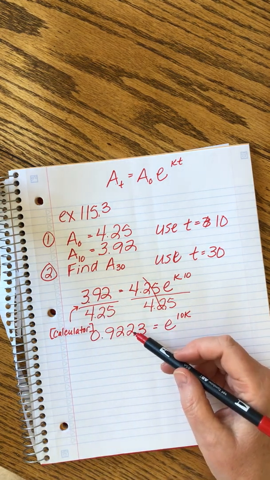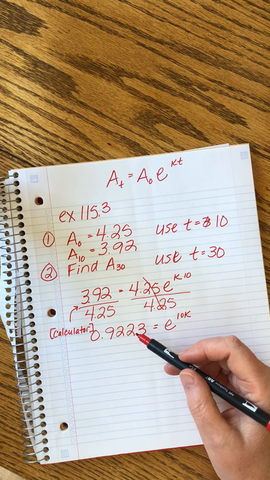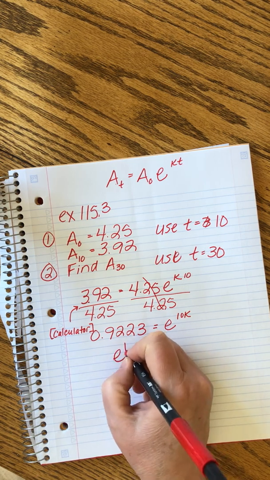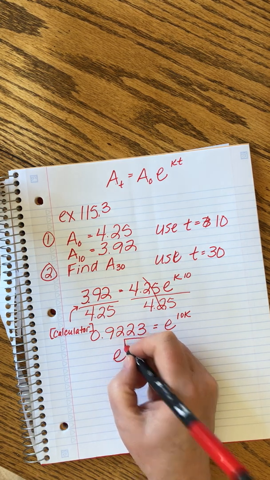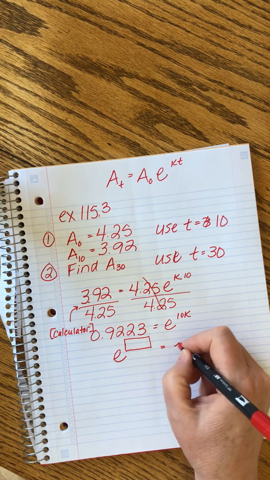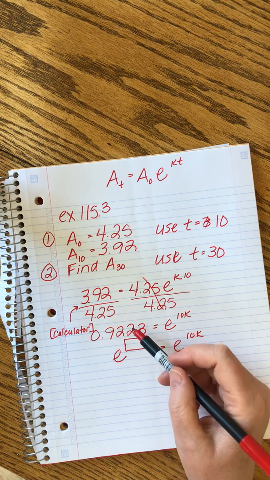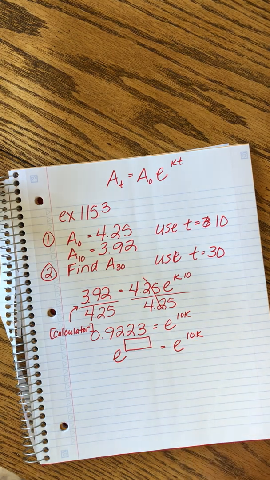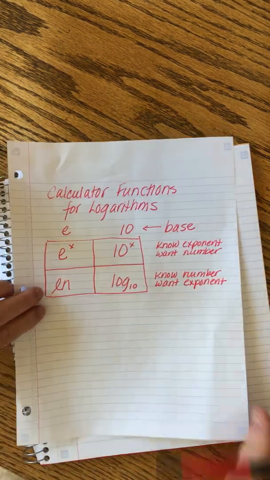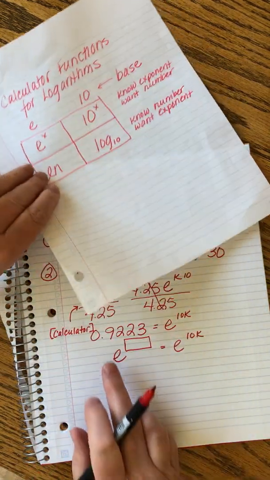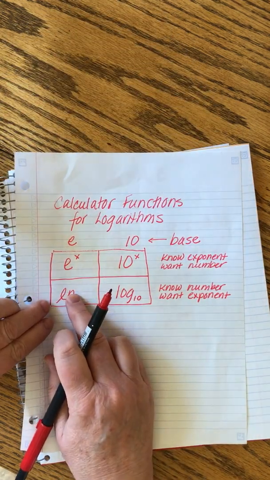Now we need to take 0.9223, and we need to change that into a power of e, and then that will be equal to e to the 10k. So again, I know the number, I want the exponent. This is the button I use. So I will enter 0.9223 and then hit this button.